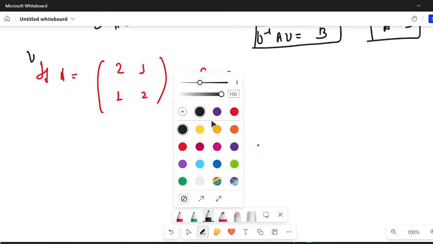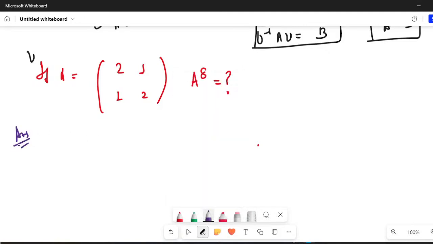Let me help you with this. Let us create a matrix P which is related to A by similarity transformation. Let's say B is equal to P inverse AP, or I can say that A is equal to P B P inverse.